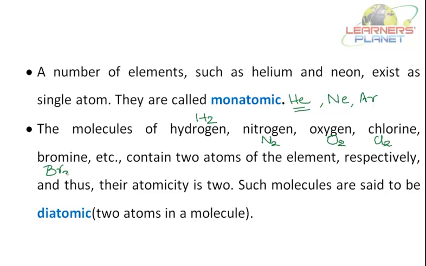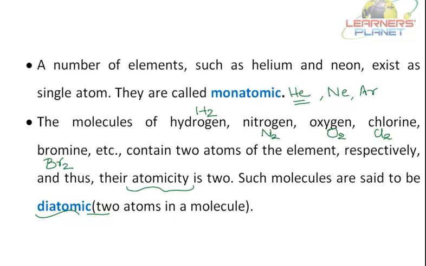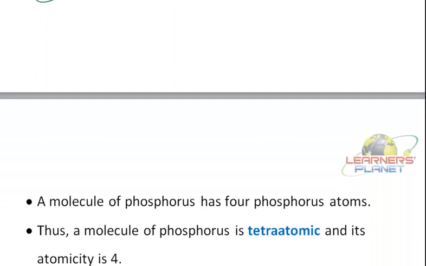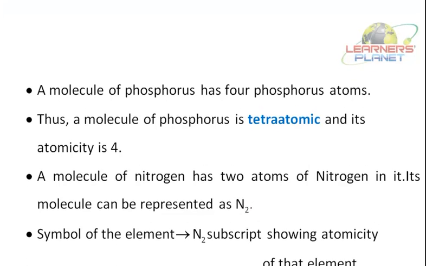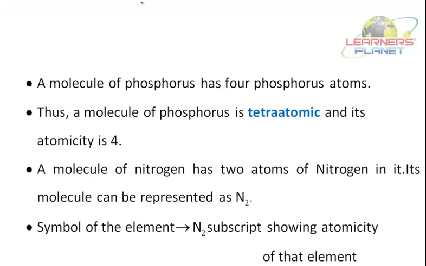Likewise, Br2. So, in one molecule of these elements, how many atoms are there? 2 atoms. So their atomicity, that is the number of atoms in one molecule, is how much? It's 2. So such molecules are said to be diatomic molecules. Now, there are molecules in which there are more than one atoms.